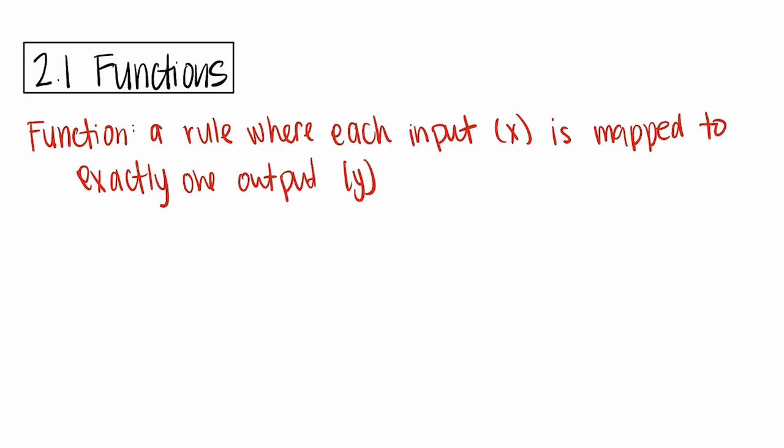Or the official definition says a rule where each element x in a set A is assigned or mapped to exactly one element f of x in a set B. So basically there's exactly one y for every x.